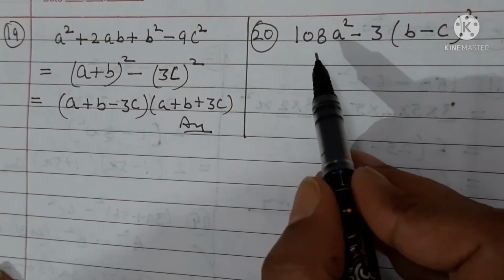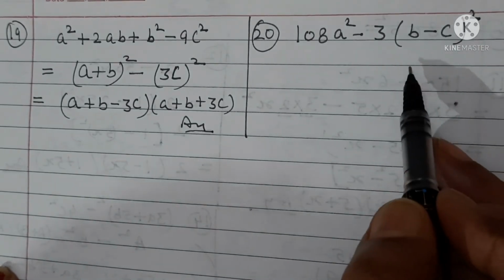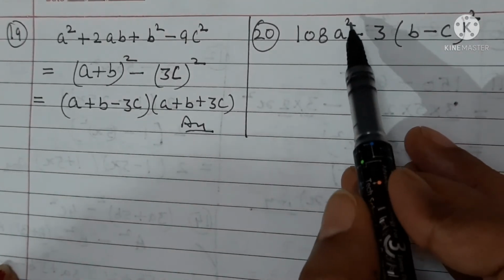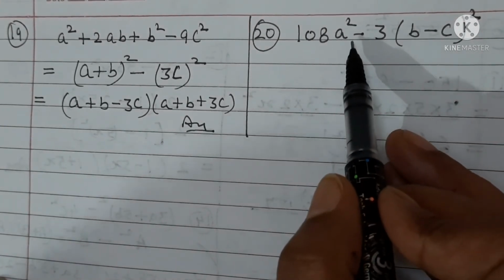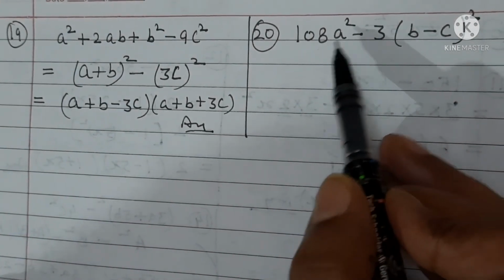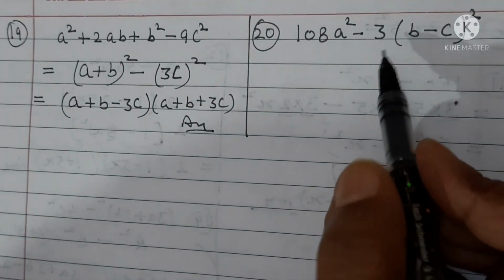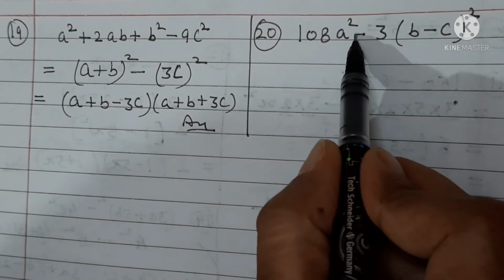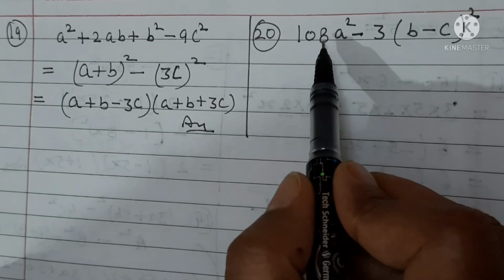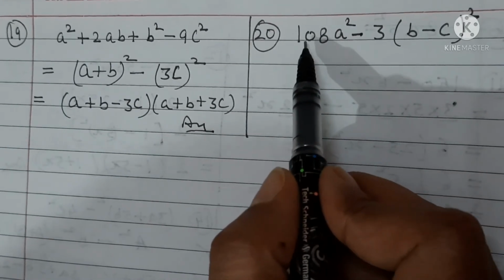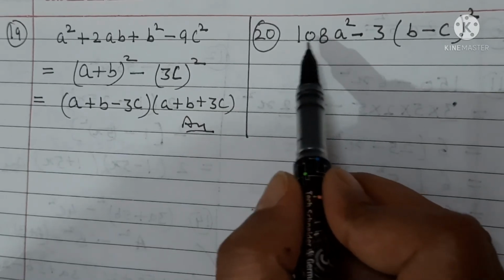See question number 20: 108 a square minus 3 into b minus c whole square. Here this is of the form a square minus b square, but the first step should be that if any factor is common in each term, take that factor as common. So 108 is divisible by 3. Check: 8 plus 0 plus 1 means 9, so it is divisible by 3.